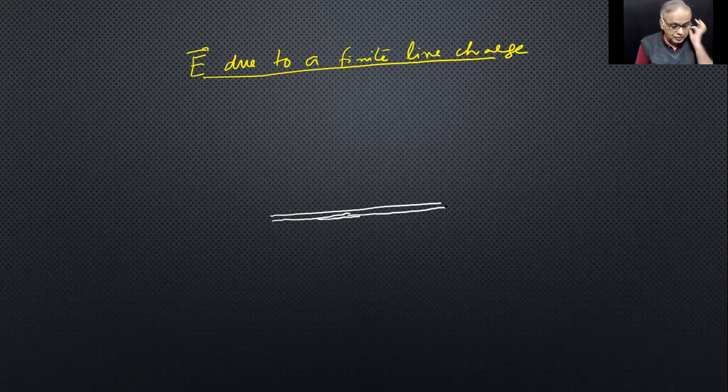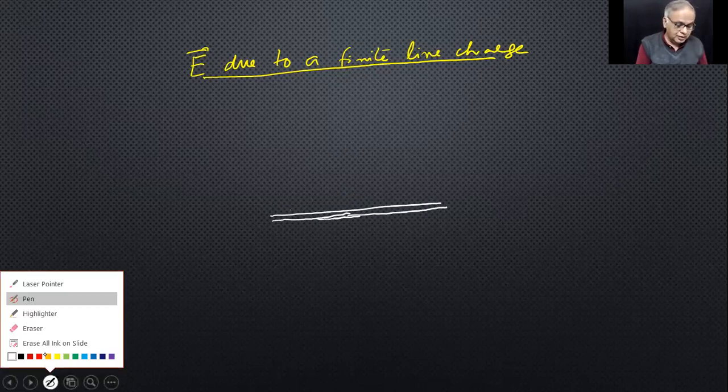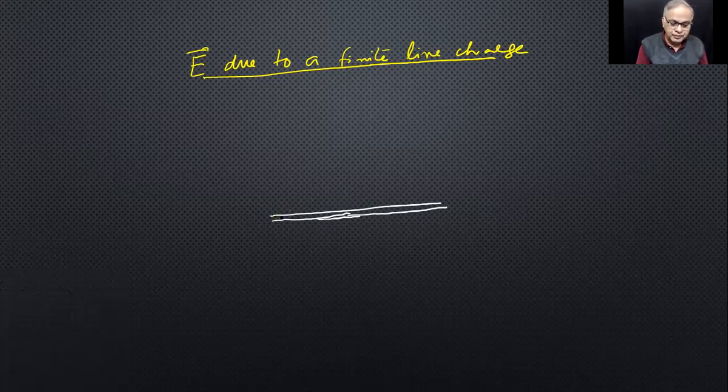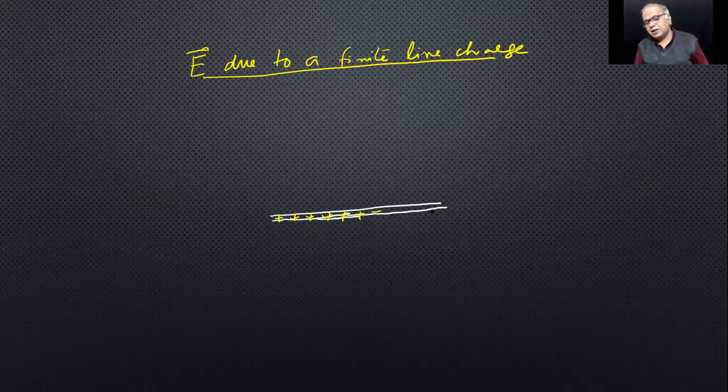You can think there to be positive charge. To be consistent, many times we put positive, and results will be slightly changing for a negative, only in terms of direction. You are given lambda, and you're also told that lambda is uniform.